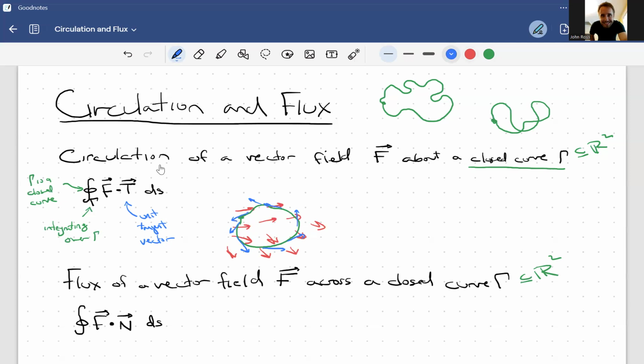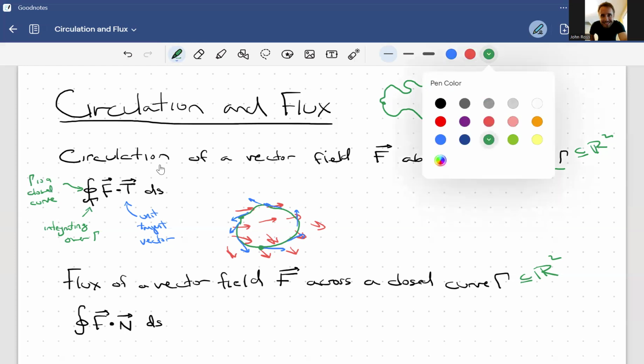And so you'll notice at any given point on the curve, we can look both at the red vector field vector, that's our F vector, and we can look at the unit tangent vector, that's our blue vector. We can calculate their dot product, and we can do that at every single point on the curve and then integrate up around the curve.